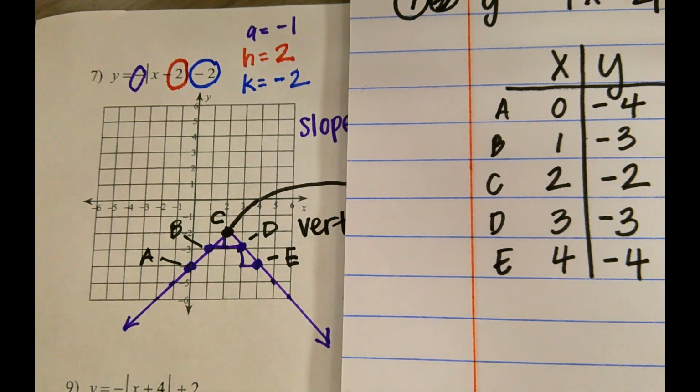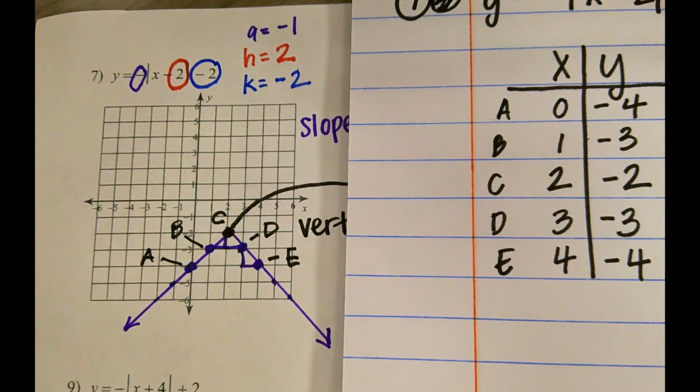Now, something I've just noticed is that on this worksheet, all of my slopes are either +1 or -1. So I do want to give you a problem where it's not +1 or -1.